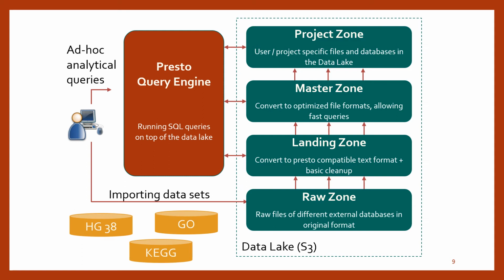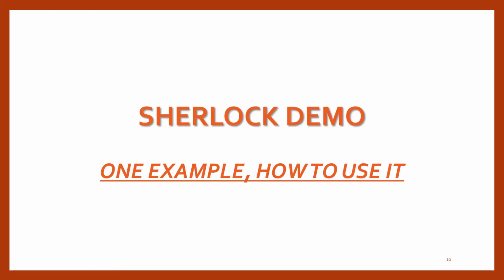And the fourth zone is the project zone with specific files for specific projects, for example. The Presto engine can communicate with the last 3 zones, as you can see on the slide. On the other hand, the user can import data into the raw zone and then convert this data into the upper zones via the Presto query engine with SQL queries. But there is an important note that Presto does not force you to use this kind of structure. This is only our structure, but it can be anything the user wants.